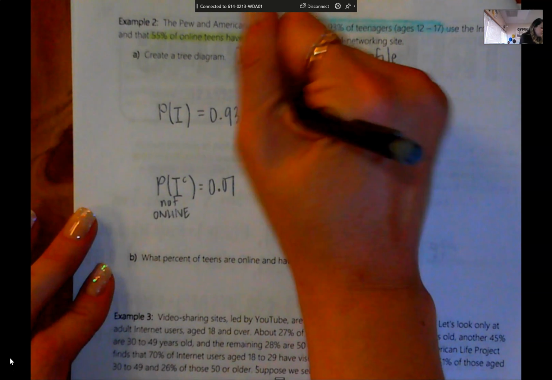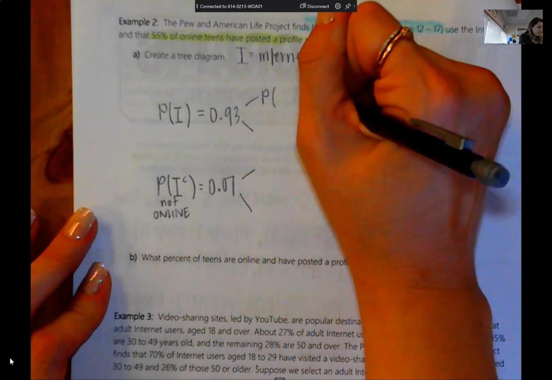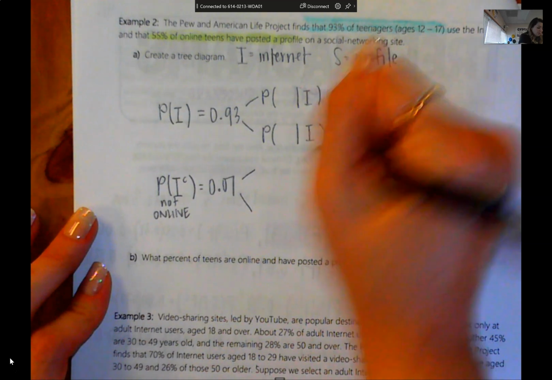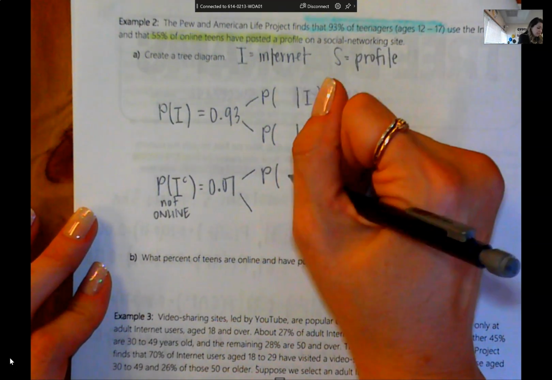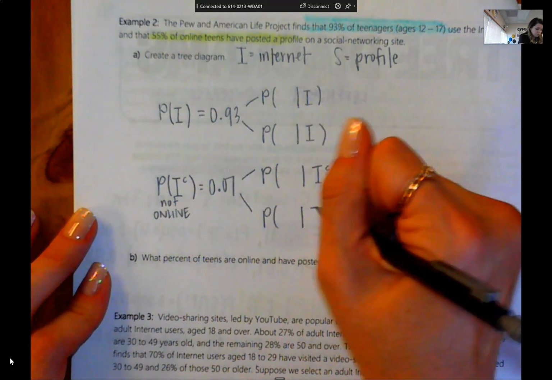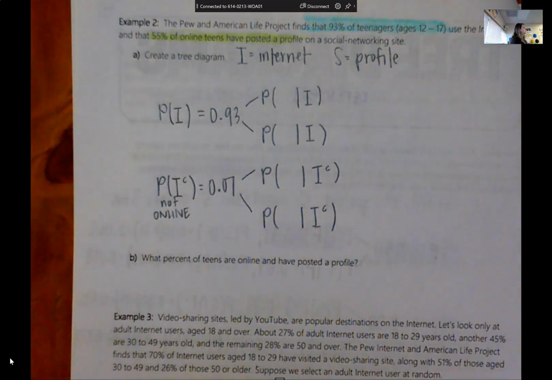And when I do this, I can make my life a little bit easier by remembering that these are going to be conditional probabilities based off of the root they're coming off of, or the root they're attached to. Okay, they say of the kids that are online, 55% have posted to social networking.